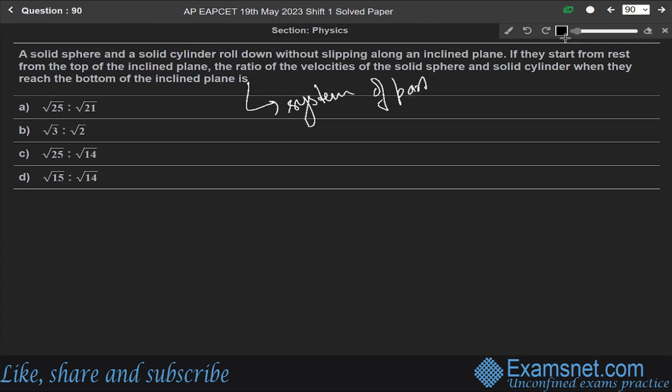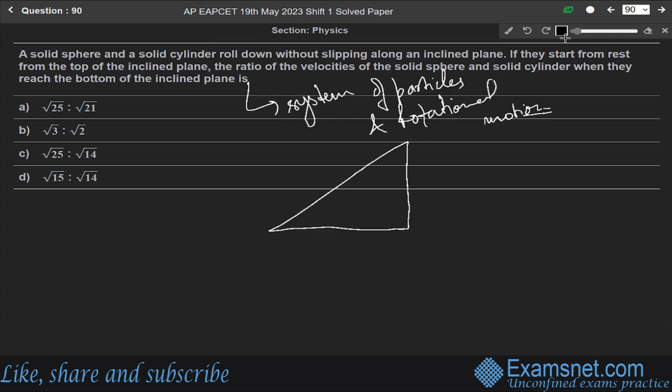Now, as given in the question, there is a solid sphere and a solid cylinder, and there is an inclined plane. This sphere and this solid cylinder are rolling down an inclined plane without slipping.